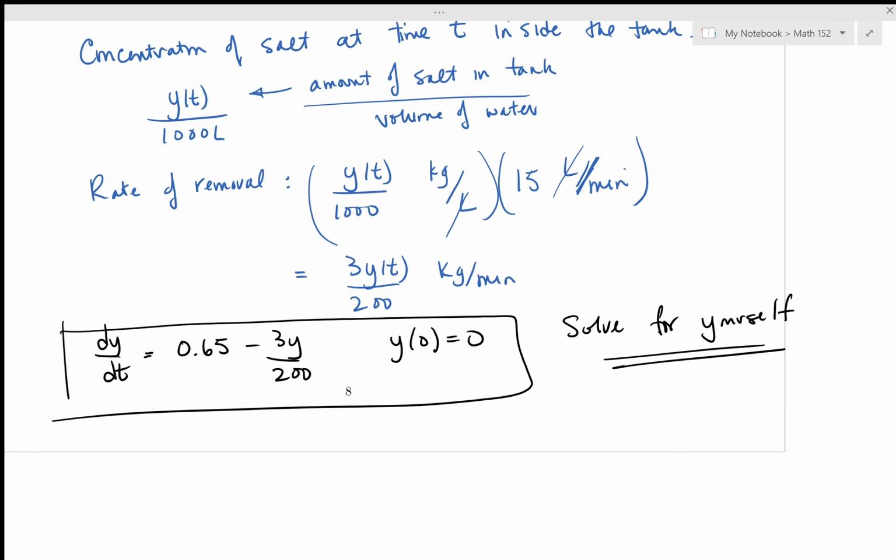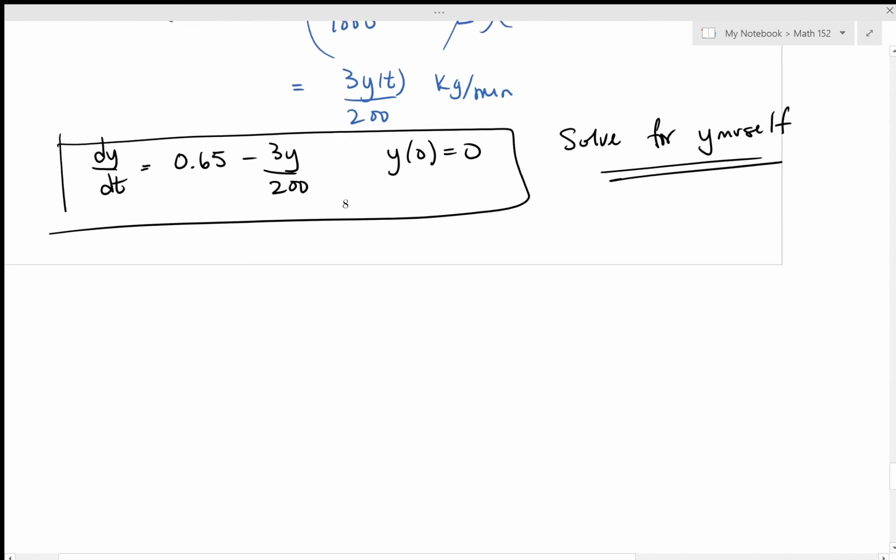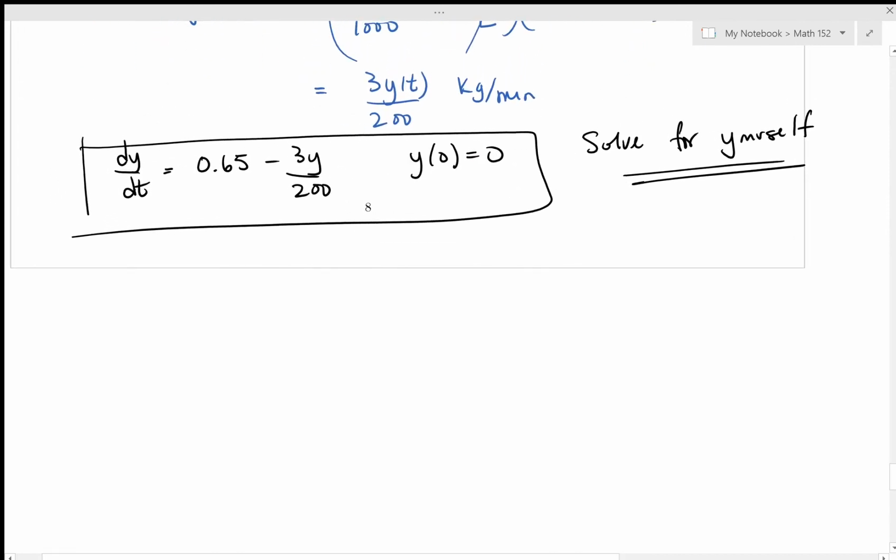Once we've got the initial value problem, we can handily solve it, and then we'll be able to tell you how much salt is in the tank at any time t that you choose. Let me put some of these steps down here for solving the initial value problem we've developed, but try it yourself. Way better to do it yourself.